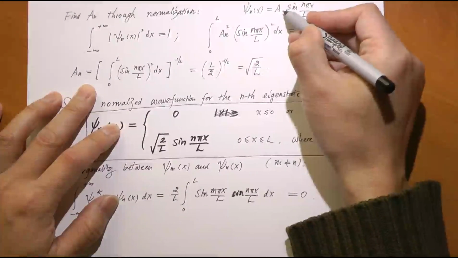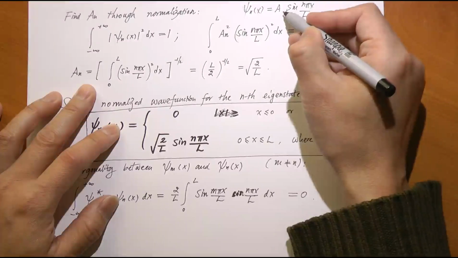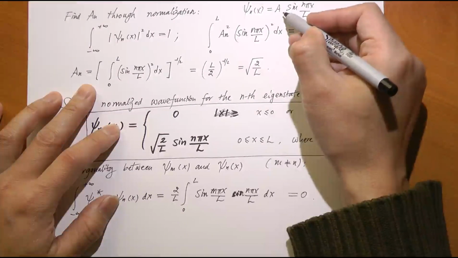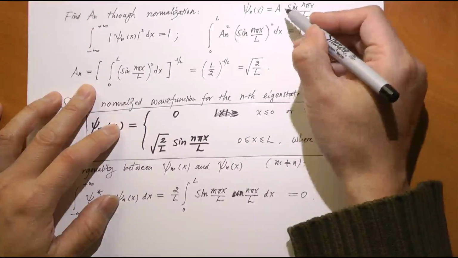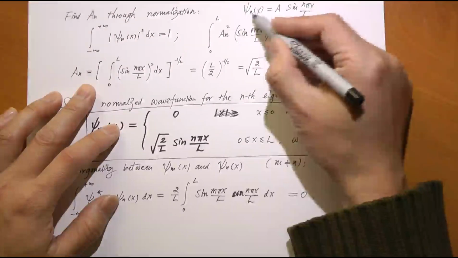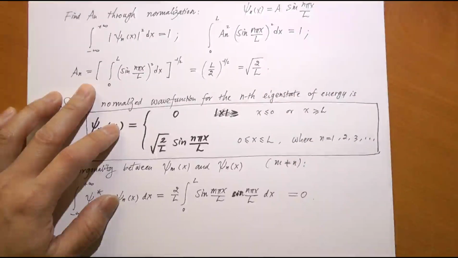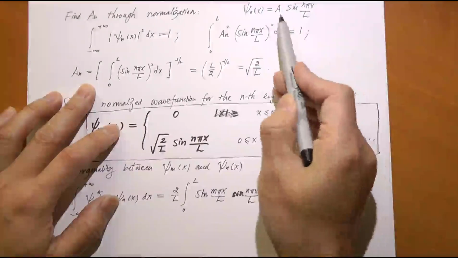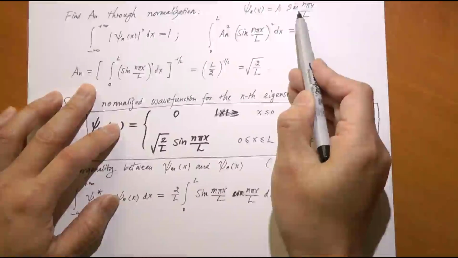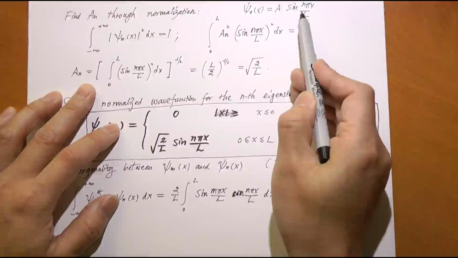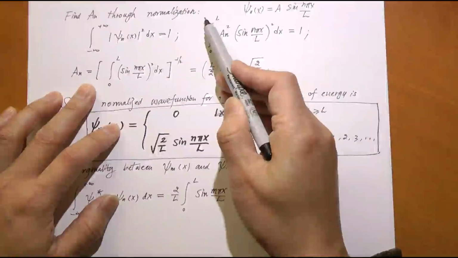This A is this constant, and whatever that is, Schrödinger's equation is always satisfied because Schrödinger's equation is a linear equation for psi. So if you multiply psi by a constant, it's just going to cancel out. It doesn't really matter. It doesn't mean this A is an arbitrary number, because we must satisfy the normalization condition.